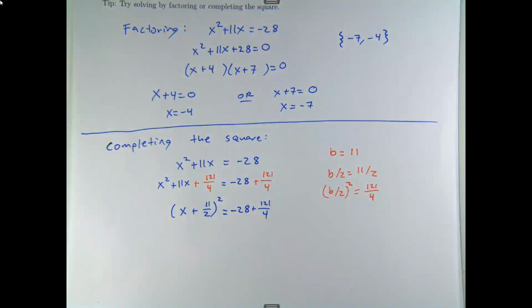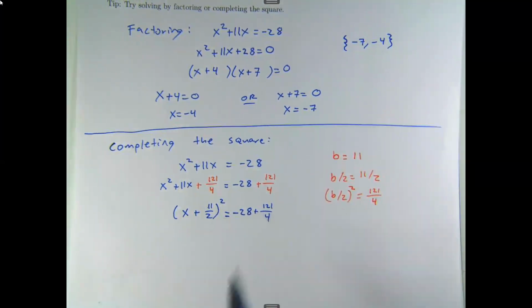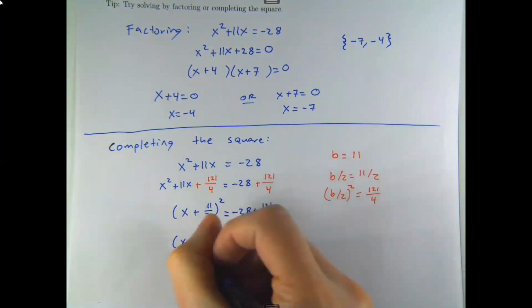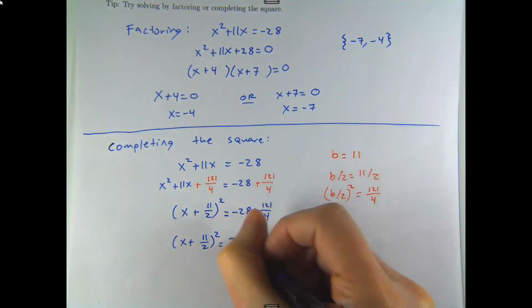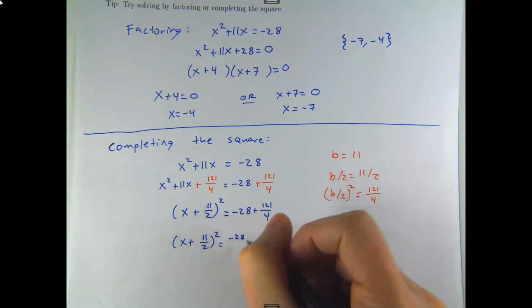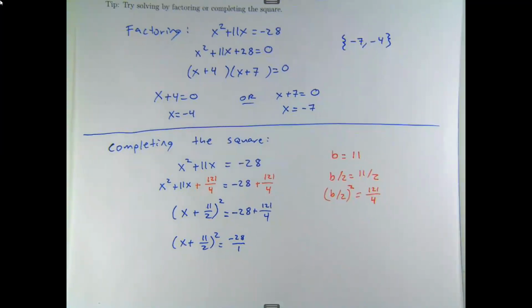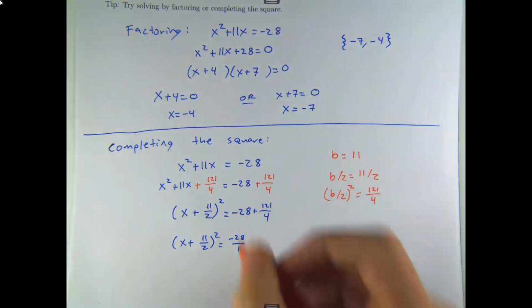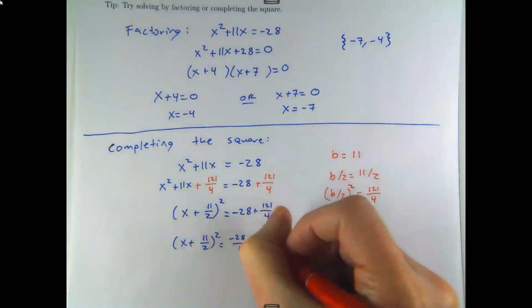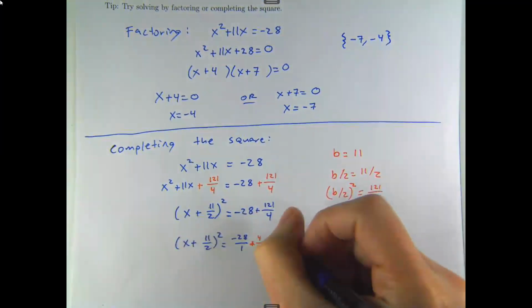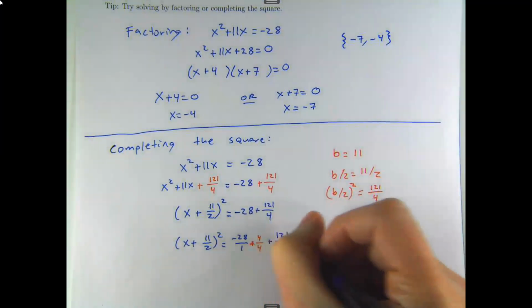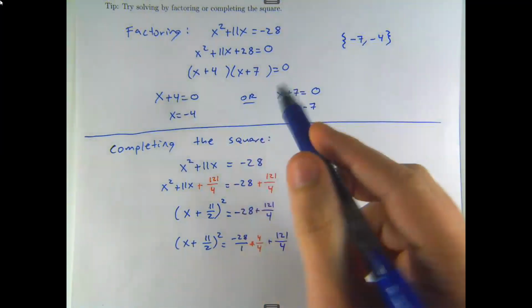Now, I want to be able to combine these things, and in order to do that, I need a common denominator. So I'm going to take this negative 28, which you can think of as a fraction as negative 28 over 1. And I'm going to multiply the top and bottom of this thing by 4, just so I can combine these fractions. I like the factoring way a whole lot better.